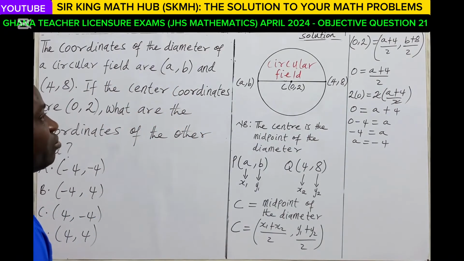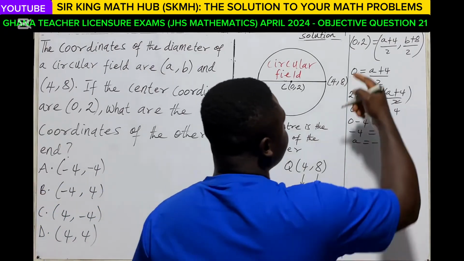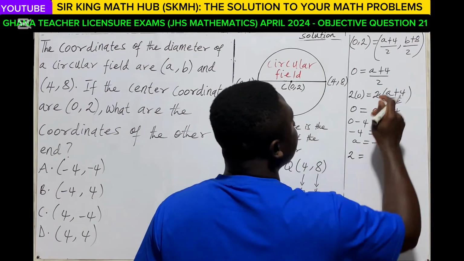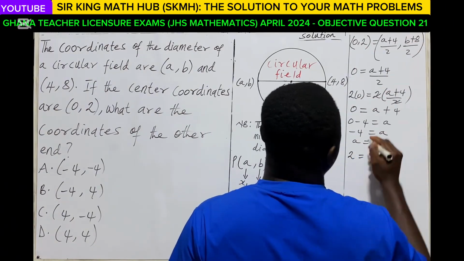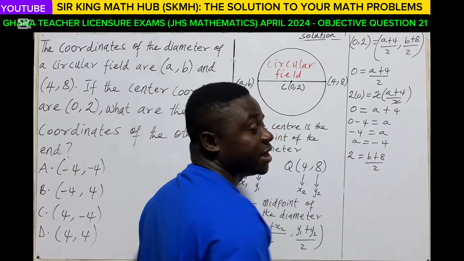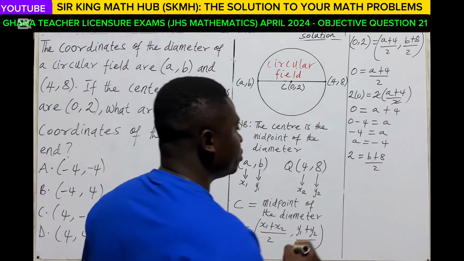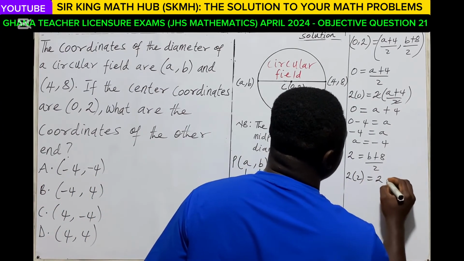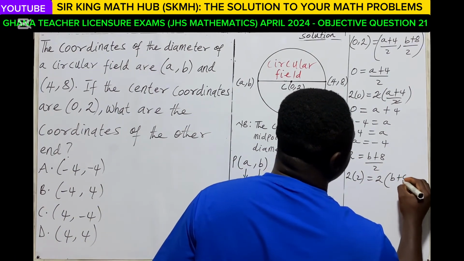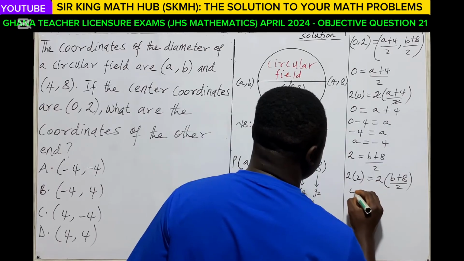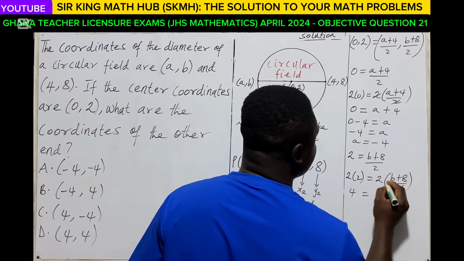Let's also solve for b. By comparing the y coordinate of the center, we have 2. And then the y coordinate of the midpoint, we have b plus 8 over 2. Again, the LCM here is 2. So we multiply the whole of this by 2. 2 multiplied by 2, we have 4. 2 will cancel out.